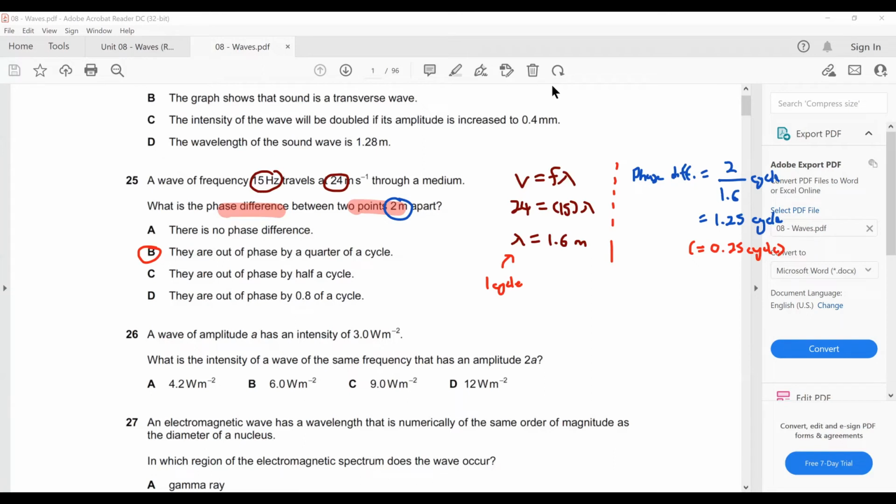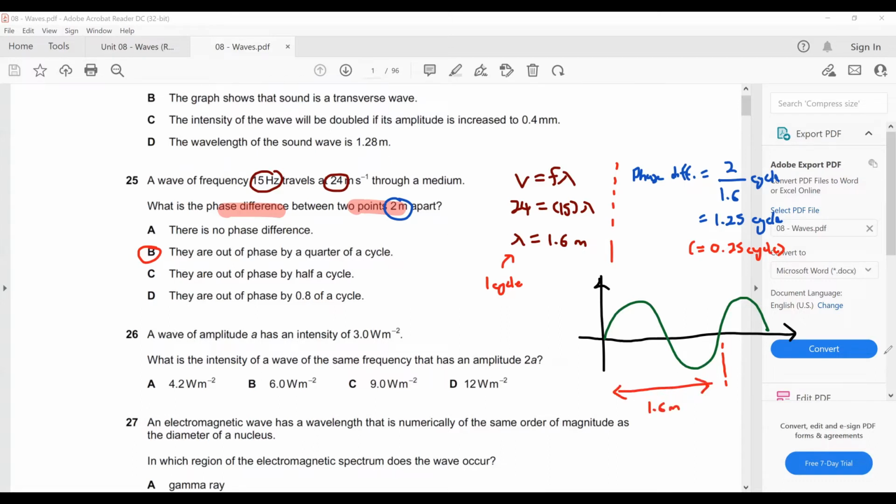It might help you if you try to see this way like this. Say this one is my wave, like this. 1, 2, 3. 1.6 is this one. 1.6 meter is this one.